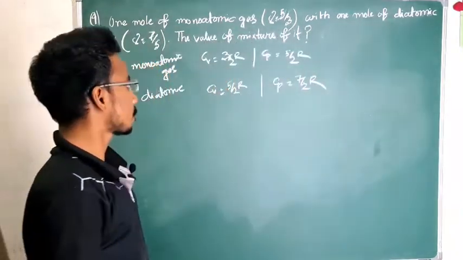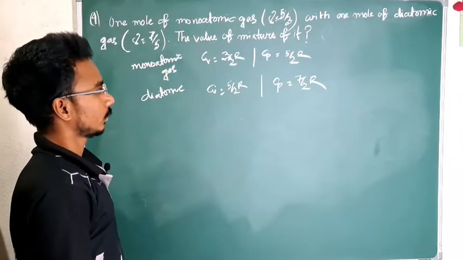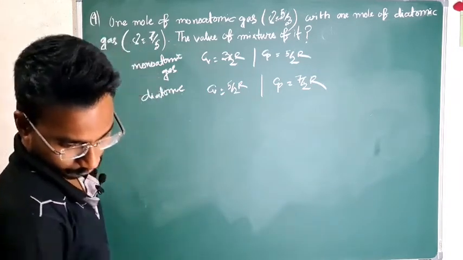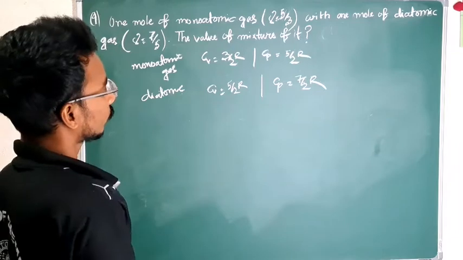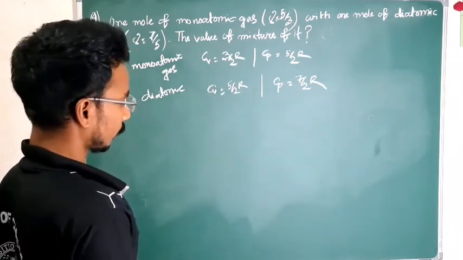Okay, so you have to mix this. So you have to mix Cp and Cv separately. How?